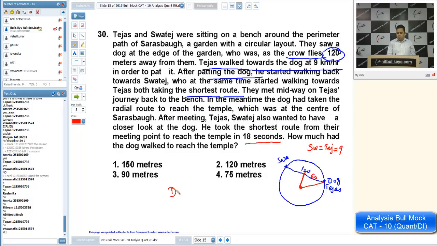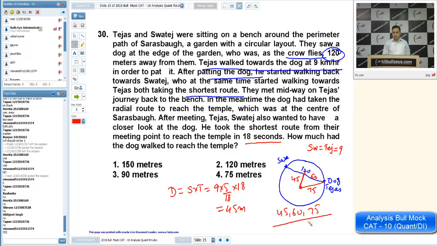Now distance is equal to speed into time, and speed of Savtej is 9 km/h into 5 by 18, which is equal to meter per second, into 18. That means this distance is 45 meter. So this is the distance which Savtej has covered to come to the temple. This is 45 meter, this is 60. So this remaining distance will be equal to 75, as we are having 45, 60 and 75 as a triplet of the Pythagorean theorem.